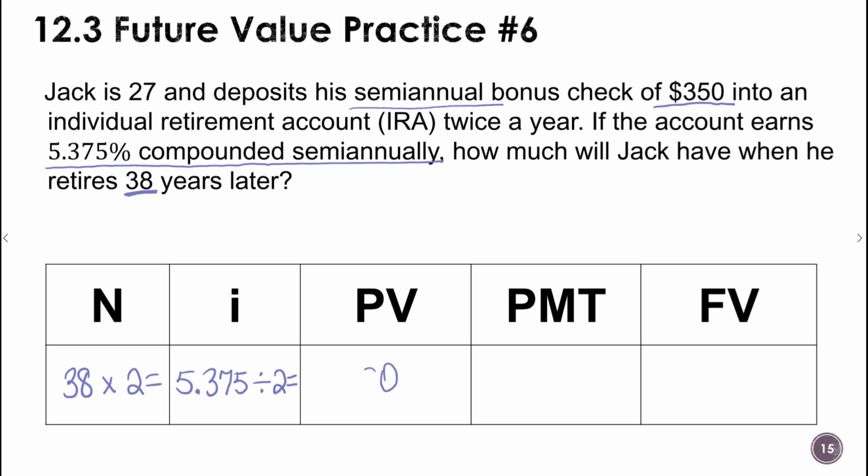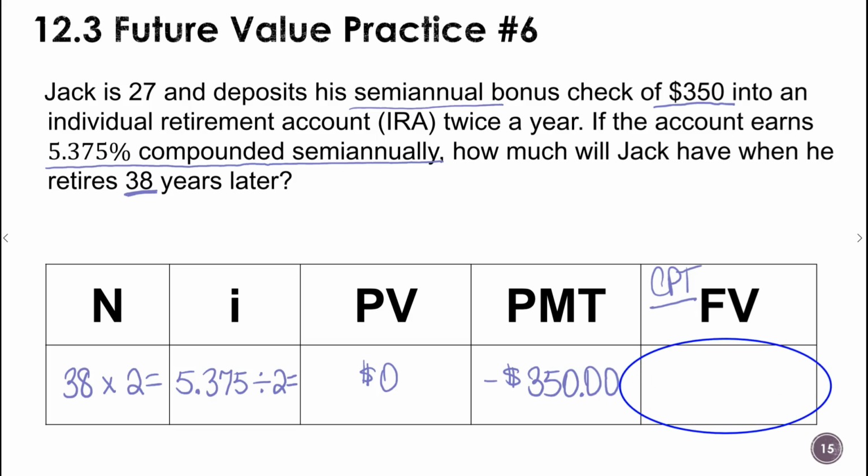The present value is currently 0 because he's just making a payment. His payment is made twice a year, $350 every 6 months, basically, right? Semi-annual. We are computing future value. So that's the number that we're going to circle for future value.